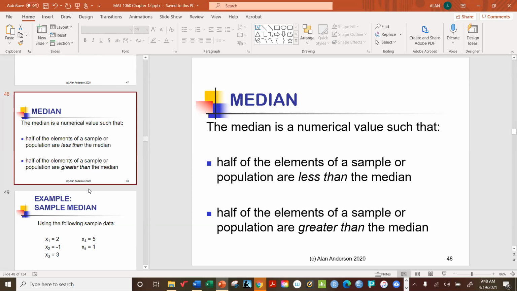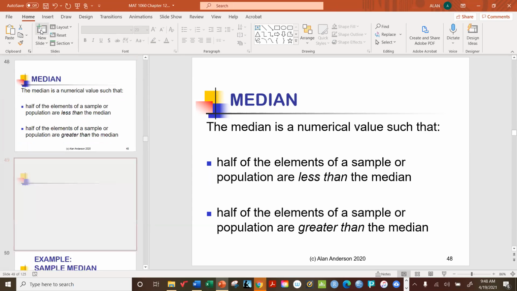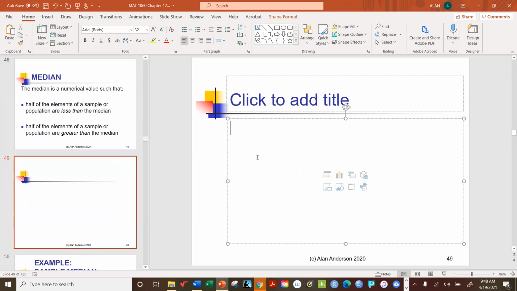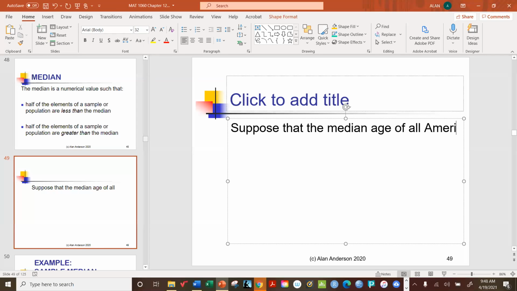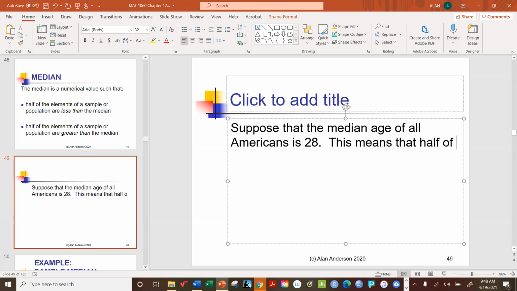So let me show you what this would mean in practice. Suppose that I told you that the median age of all Americans is 28. This means that half of all Americans are 28 or below.